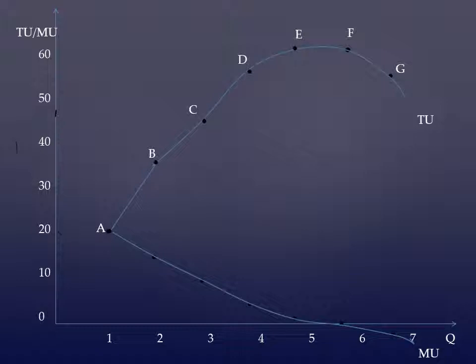The point comes where the marginal utility becomes 0. At that point, the total utility reaches its maximum, that is 60 at point F. If an irrational consumer still consumes the apple, then the marginal utility becomes negative. At that point, the total utility itself falls at point G.